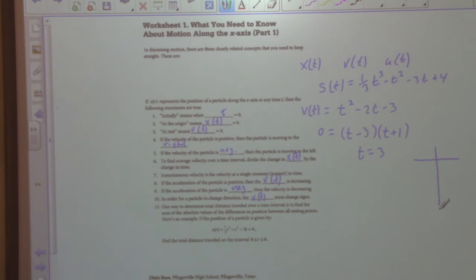So you make your table, and here you put t and x of t. The numbers we're interested in are between 0 and 6. So the first number we put for evaluation is 0. And what's the next number to go into this table?